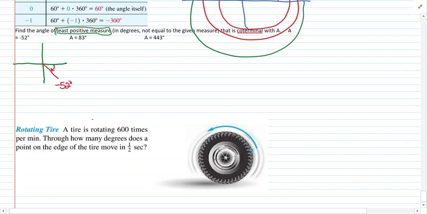So what we need is to go from 0 counterclockwise to get the positive.